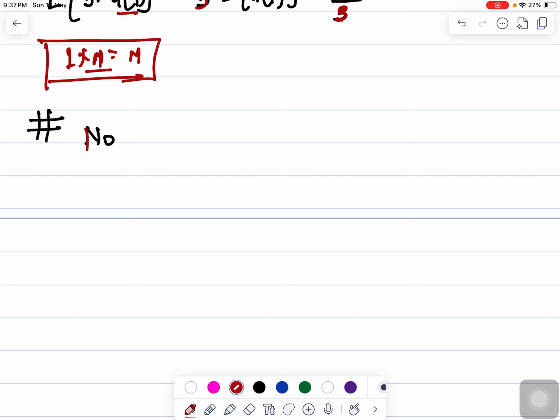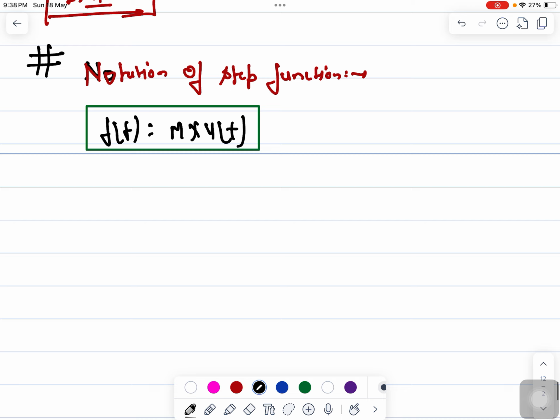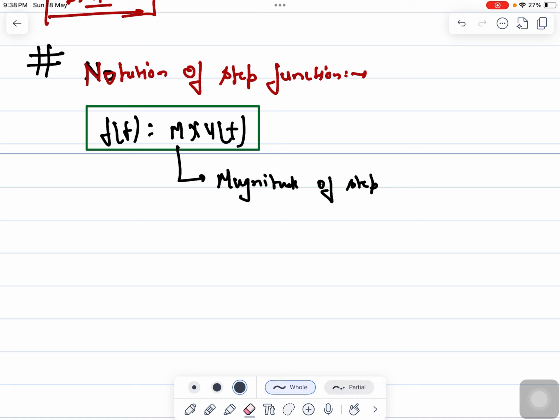If I write a proper notation of a step function, f(t) is m multiplied with u(t), where m is the magnitude of input, or sometimes obviously it will be working as input.